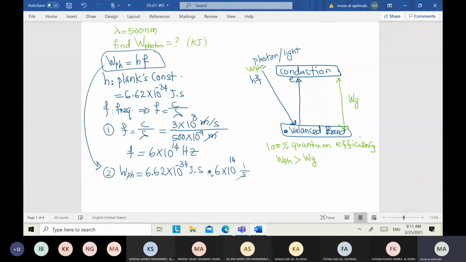in joule. So this unit, 1 over s, is hertz. So s with s, this is time, second.